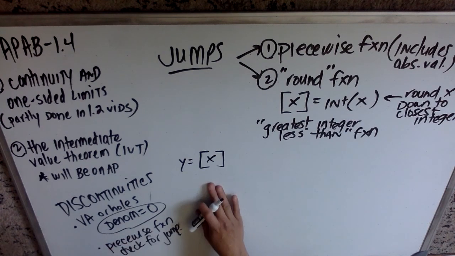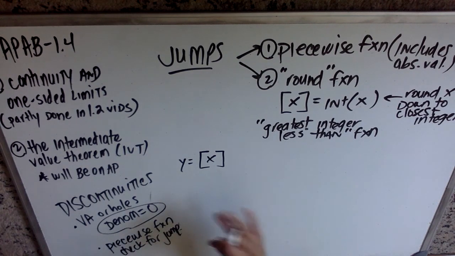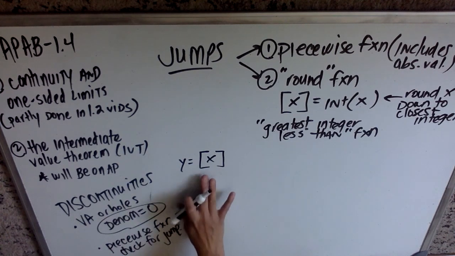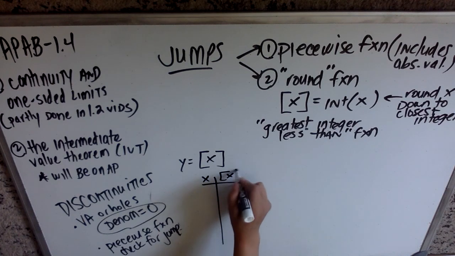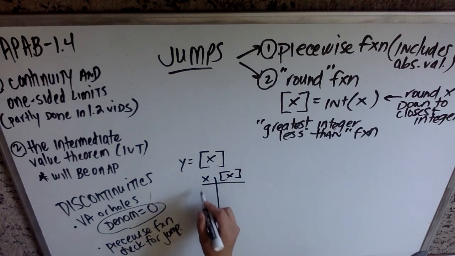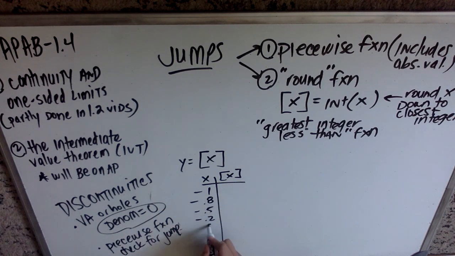And this thing is not continuous for very large chunks of its domain, right? So basically what happens is, I'm going to give you some x values to plug in just to show you how this works. So let's pick negative 1, negative 0.8, negative 0.5, negative 0.2, 0, 0.2, 0.5, 0.8.